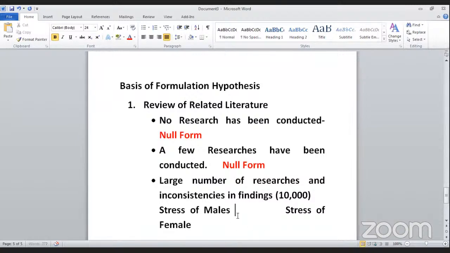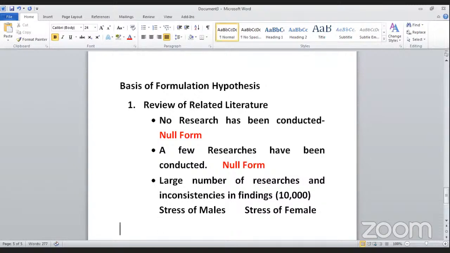Okay, suppose 10,000 researches have been conducted. And if 10,000 researches have been conducted, there are 10,000 findings related to the comparison of stress of males and females.